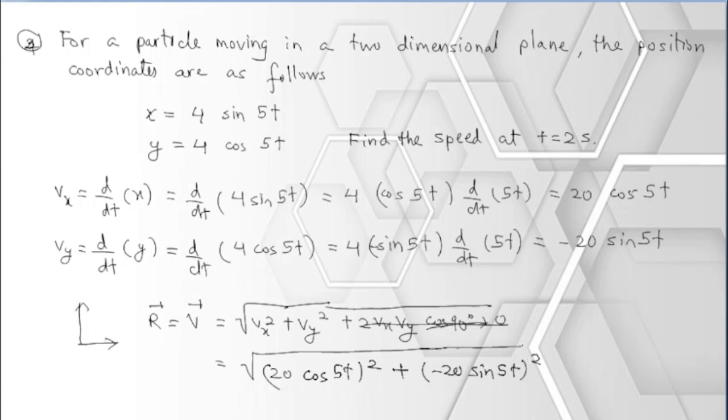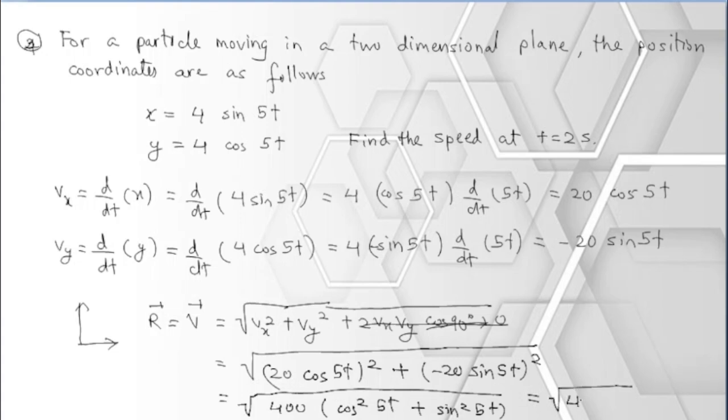That means square root of, what is the square of 20? That is 400. And again minus 20 also has a square, that is 400. Take cos square 5t plus sine squared 5t, that is equals to root over of 400 into 1.